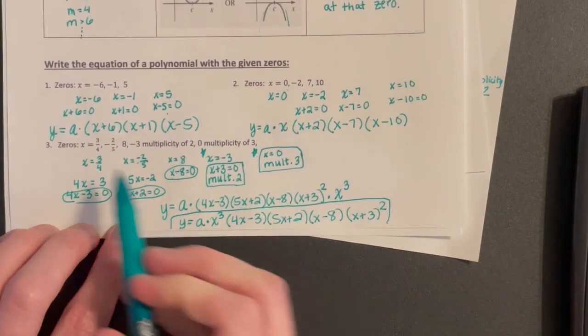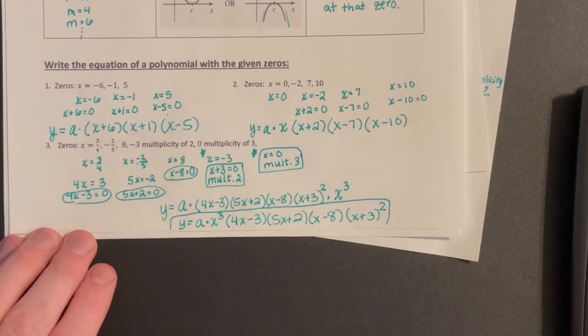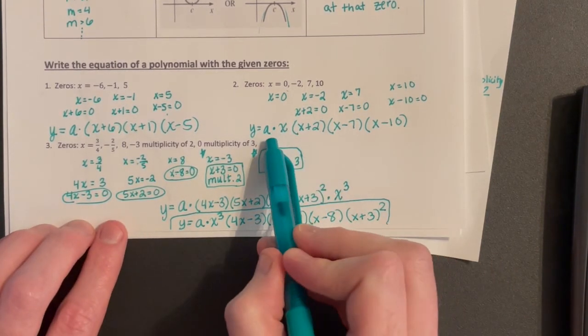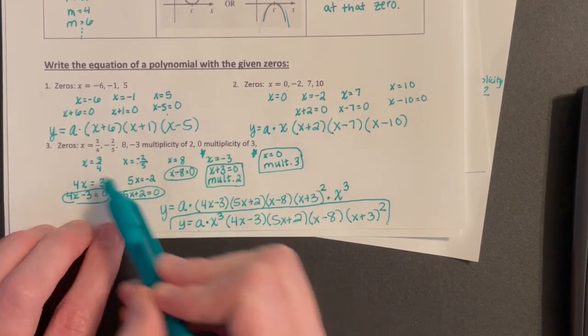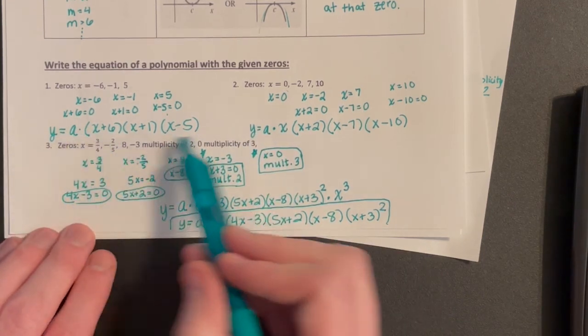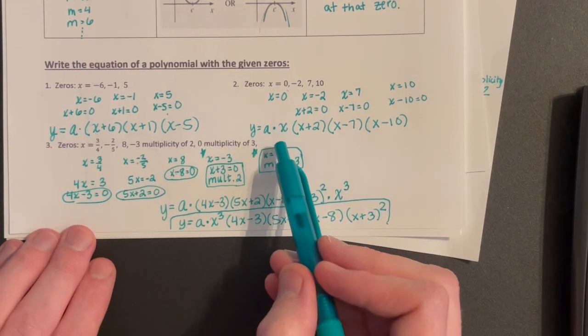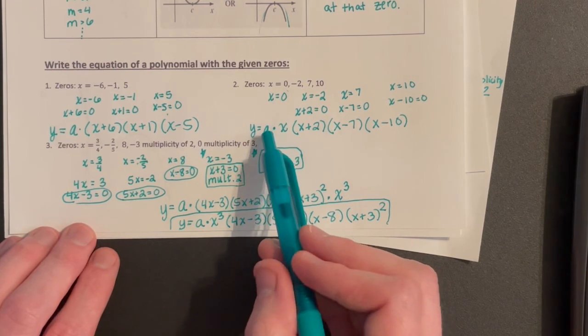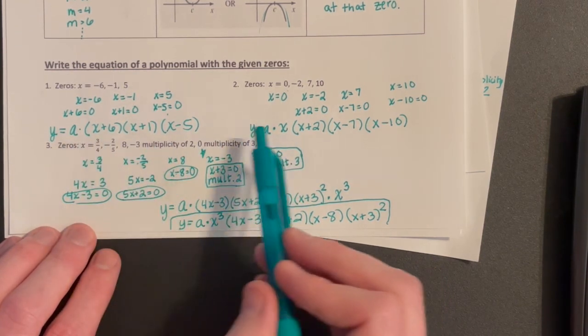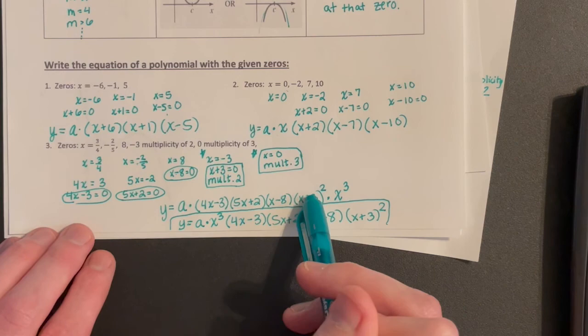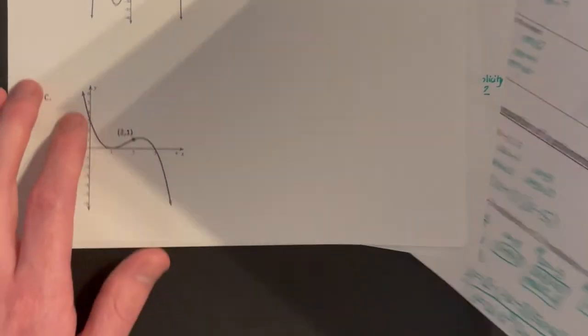Now the problem with these three examples is that we didn't really have enough information to find out what the a value would be. So we would need to be given some specific point or other information to determine that. All right, so that's what we get when we start looking at the graphs.